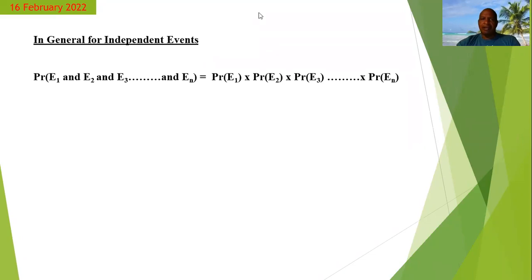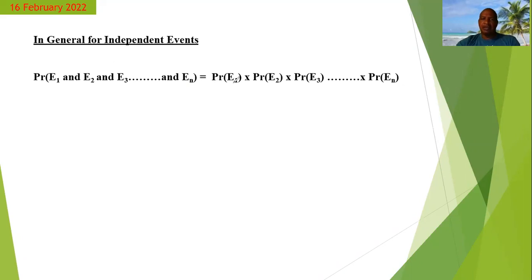So what we have here is the actual formula. Probability of event 1 and probability of event 2 and probability of event 3 all the way up to probability of event n, where to find the probability of these events, they are independent.